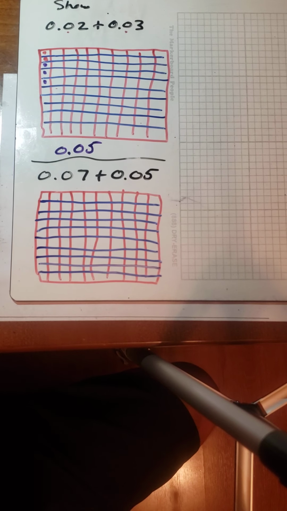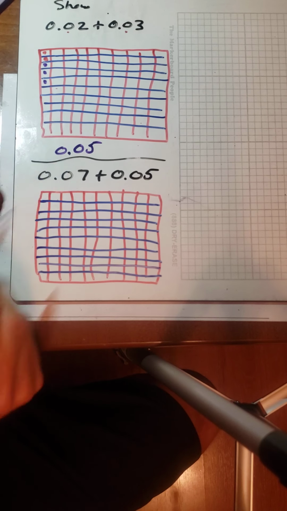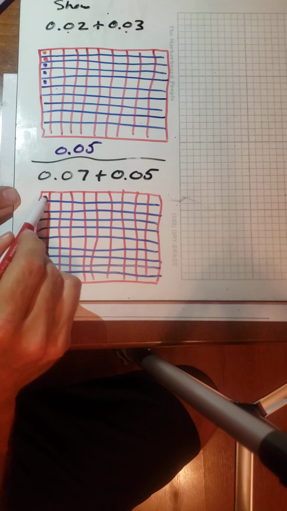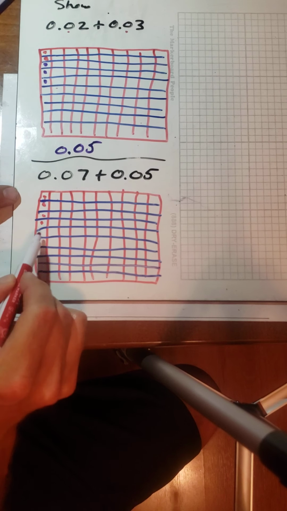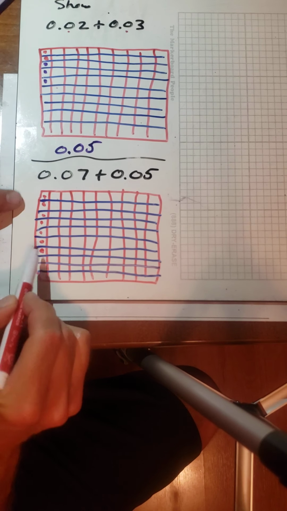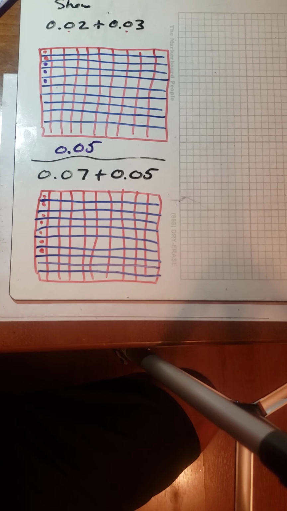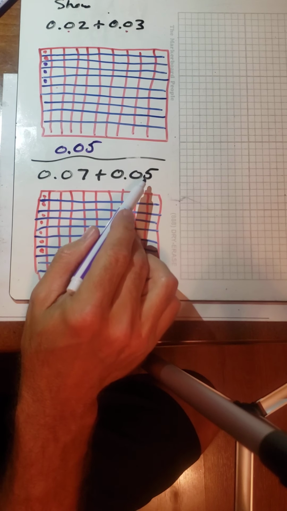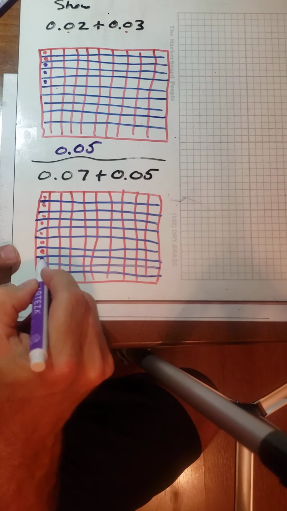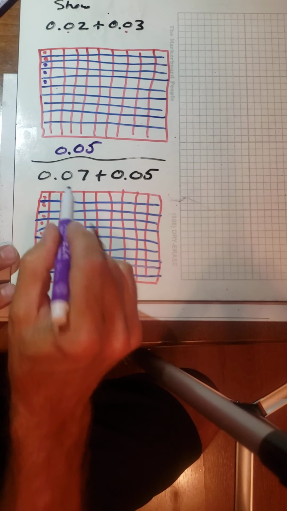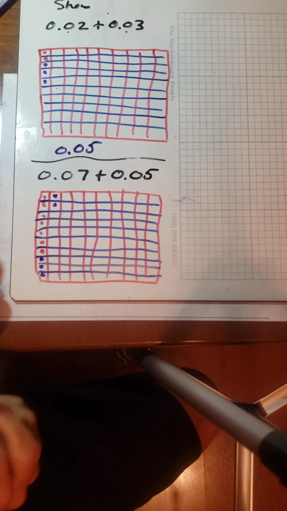And now I need to start coloring in what I can. This tells me that I have 7 thousandths. So there's 1, 2, 3, 4, 5, 6, 7. And then it tells me to color in 5 thousandths. So that's 1, 2, 3, 4, 5, like that.